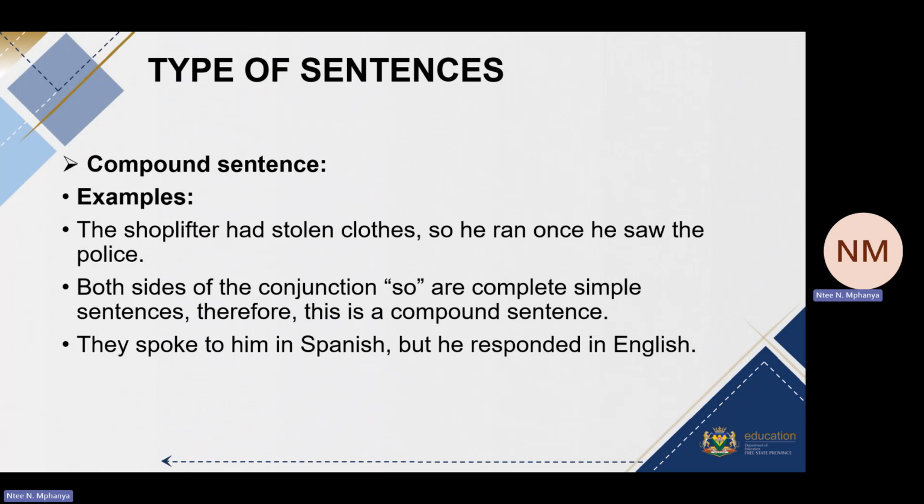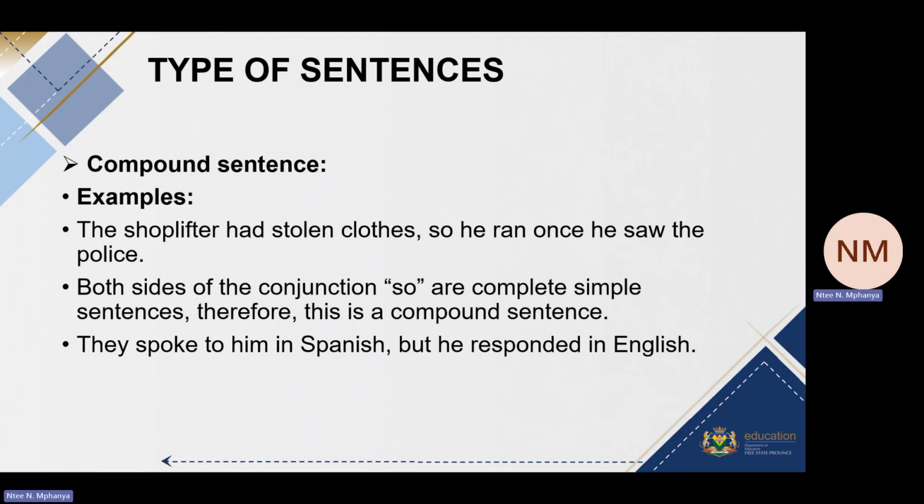The second example: they spoke to him in Spanish, but he responded in English. They are not related. They spoke to him in Spanish has no relationship with he responded in English. But what I want to bring to your attention is to ask yourself a question.